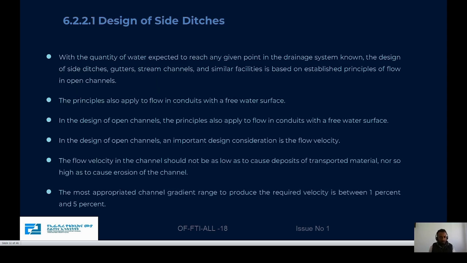For example, the first design is for side ditches. This is done when the quantity of water expected to reach a given point in the drainage system is known.